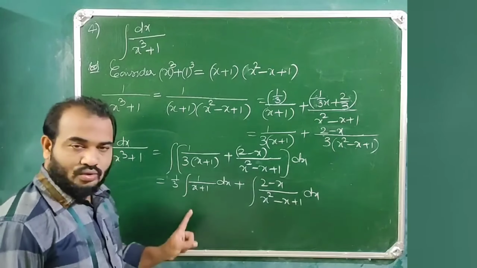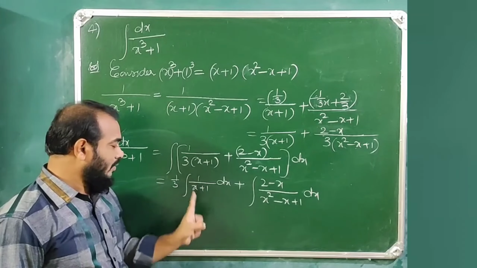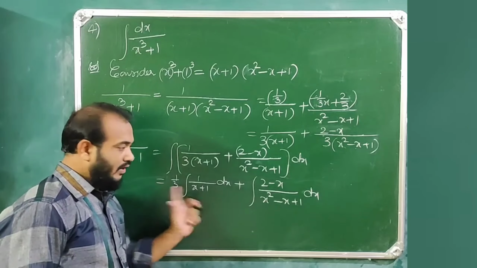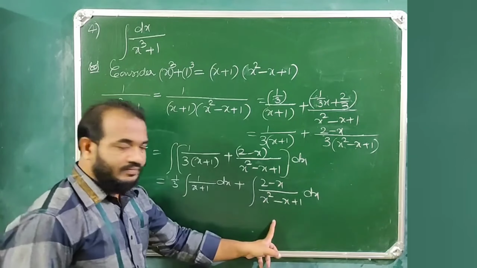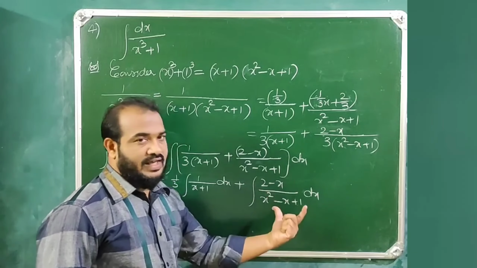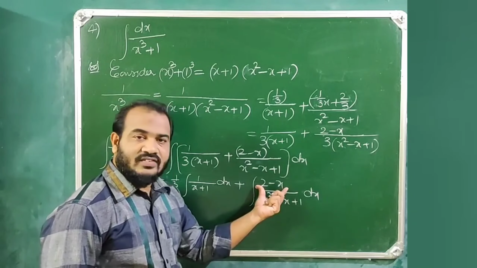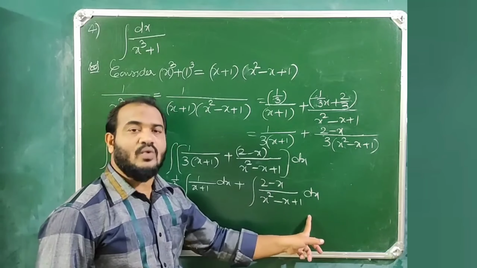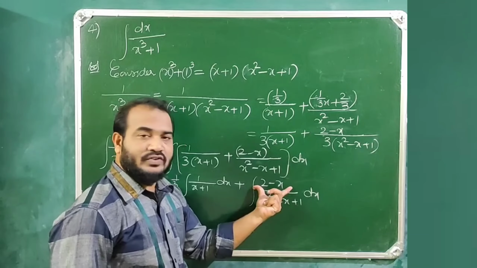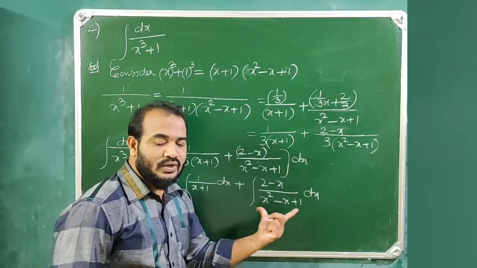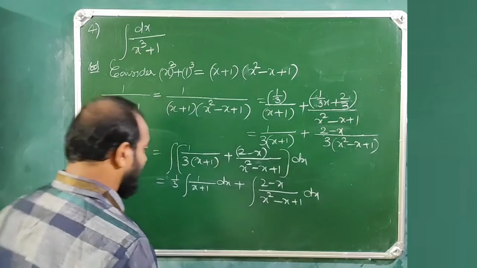The first is just like integral 1 by x dx, log mod of x plus 1. As for the second, remember we have discussed this method before. 2 minus x is a linear expression and x square minus x plus 1 is a quadratic expression. So the linear expression is equal to a into d by dx of the quadratic expression plus b.